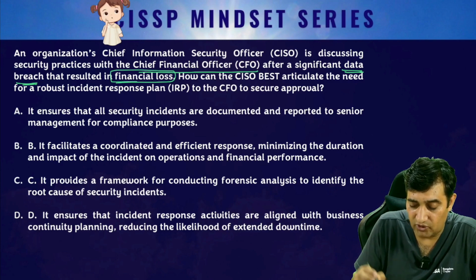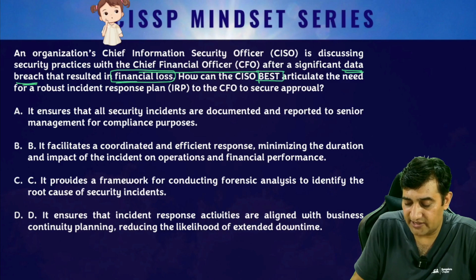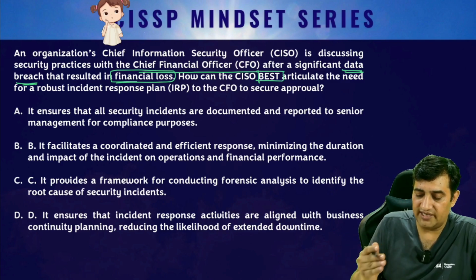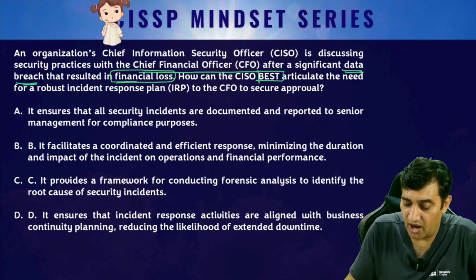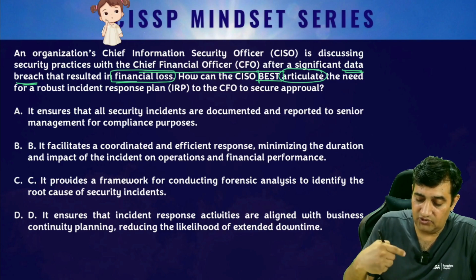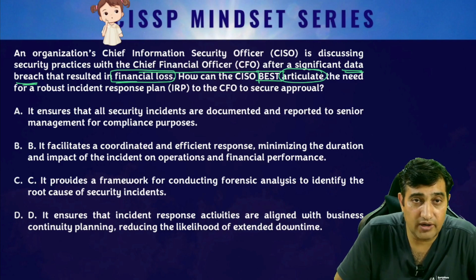Another keyword. How can the CISO best, best is another keyword, articulate the need for a robust incident response plan? So articulation is another keyword. You have to emphasize the incident response plan to the CFO to secure approval.